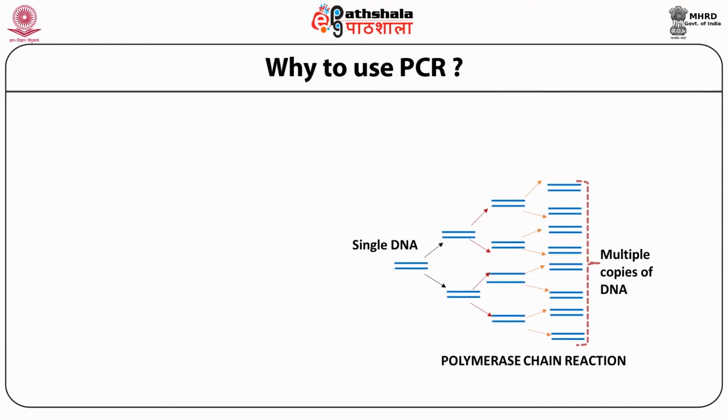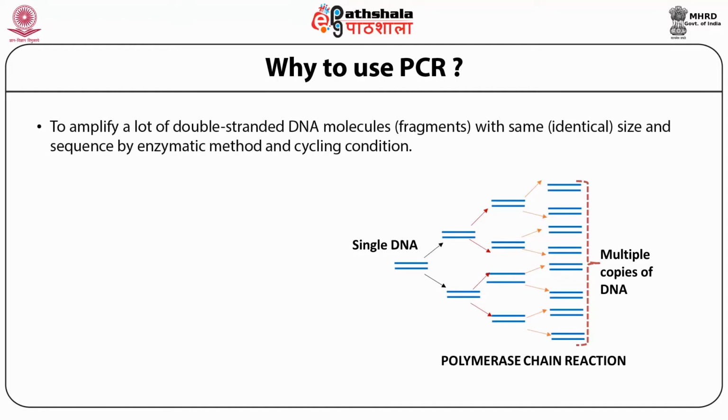Polymerase chain reaction, or PCR, has become the most generalized technique used in biological science research labs for a range of applications. It amplifies a double-stranded DNA molecule to obtain multiple copies of the same, and the sequence is also specific.